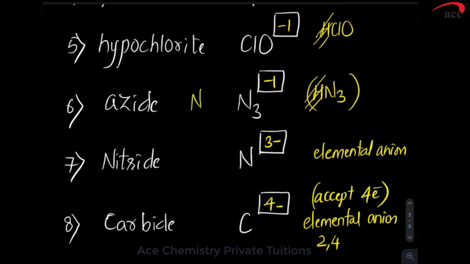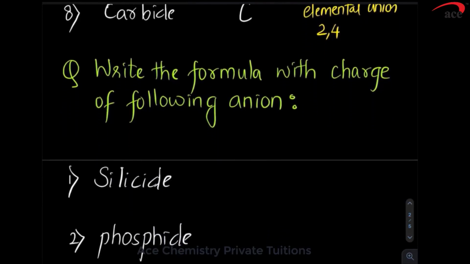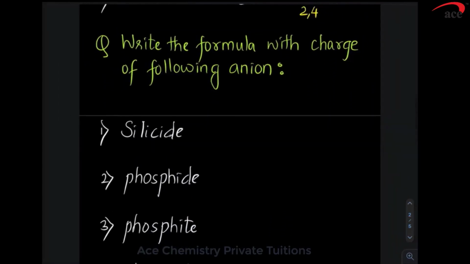So you got a difference. Azide is N3 minus 1. Nitride is N 3 minus.